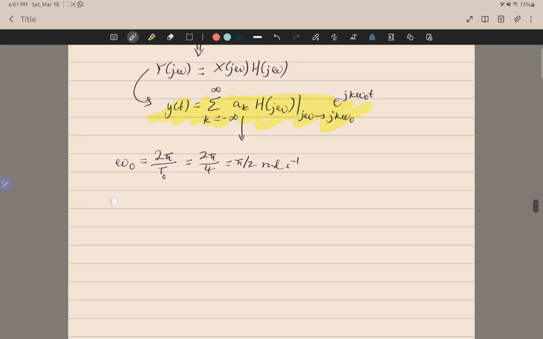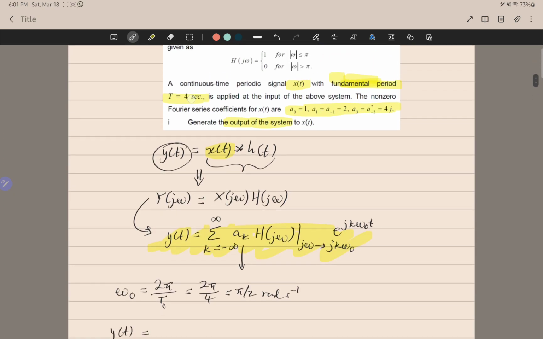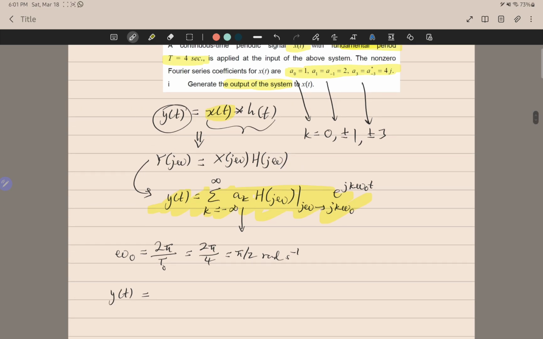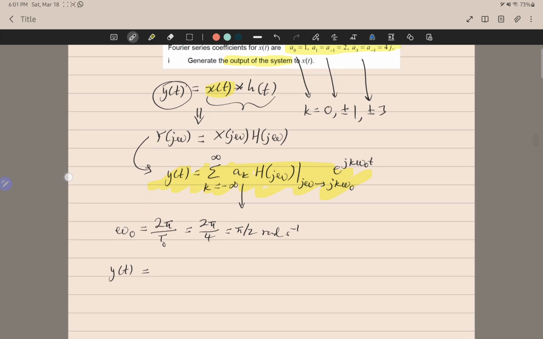So y of t is then equal to, what are the values of k here? Just look at this. The values of k are 0, plus or minus 1, and plus or minus 3. And the values for the Fourier series coefficients are 1, 2, and 4j.